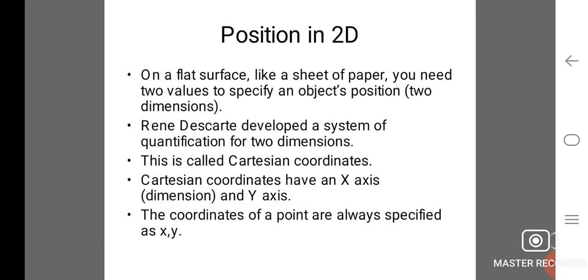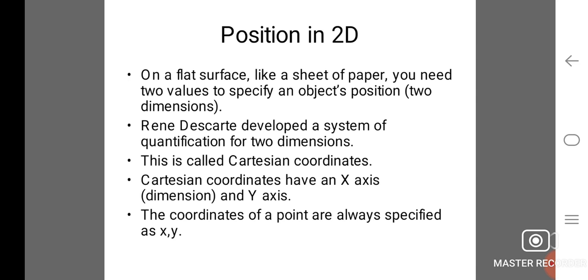Position in 2D. On a flat surface like a sheet of paper, you need two values to specify an object's position, that is, 2 dimensions. René Descartes developed a system of quantification for 2 dimensions. This is called Cartesian coordinates. Cartesian coordinates have an x-axis dimension and a y-axis.